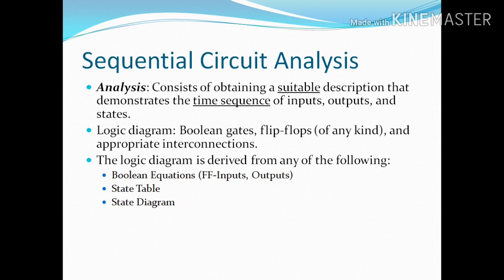State diagrams I am not showing here, but from there you can get the clock pulse. So in our next lecture we will also analyze that. I will tell you about counters and registers, the most important part of sequential circuits, in our next lecture.